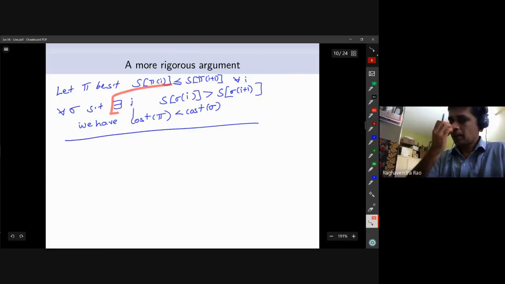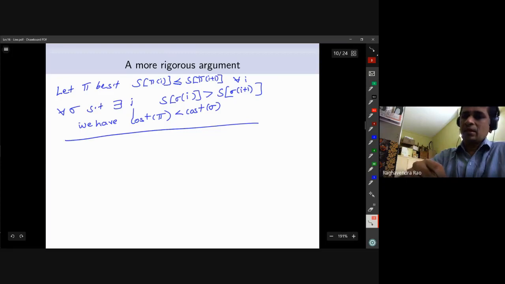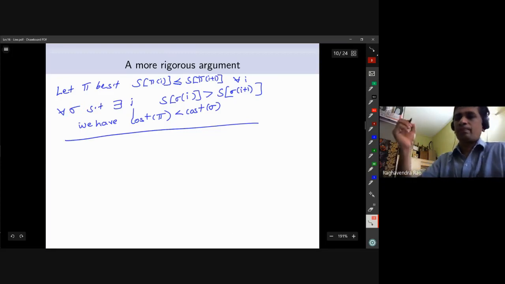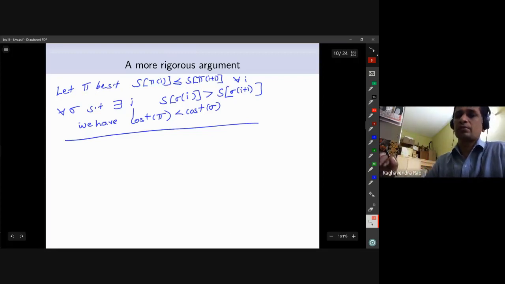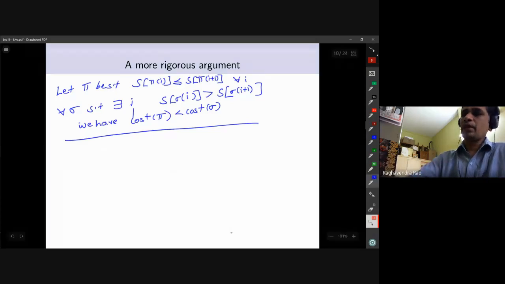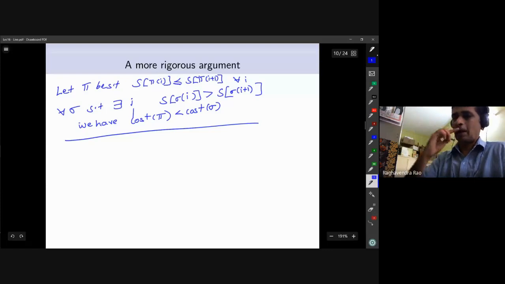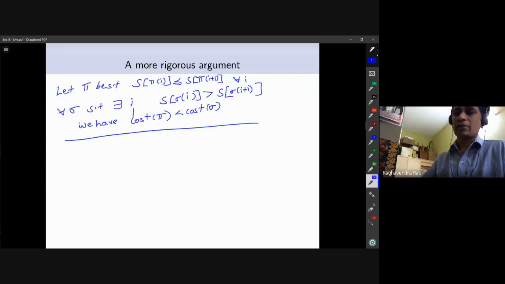That means cost of that permutation should be greater than cost of pi, because pi is one of those which minimizes the cost. So this statement is equivalent. I've just written it in a different, more formal language.